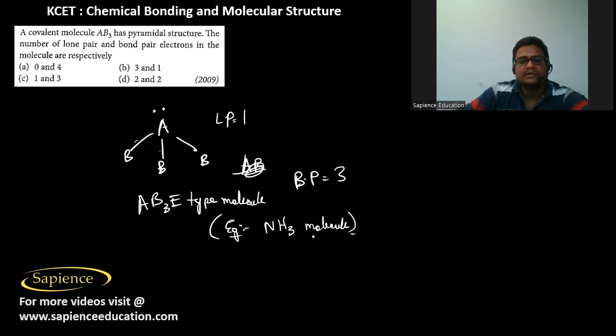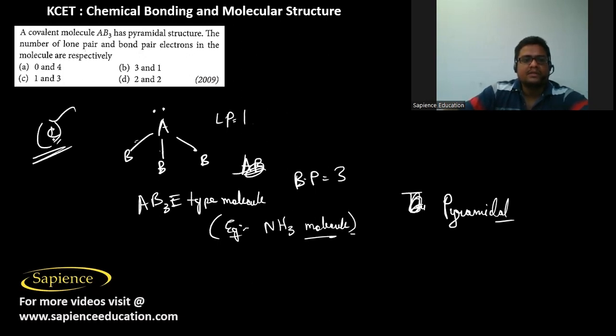So it is of that form only. So the shape is triangular pyramidal. So the number of lone pairs is 1 and number of bond pairs is 3. So option C is the correct answer. 1, 3.